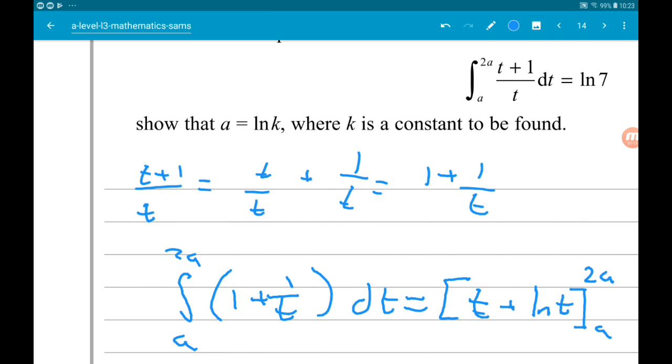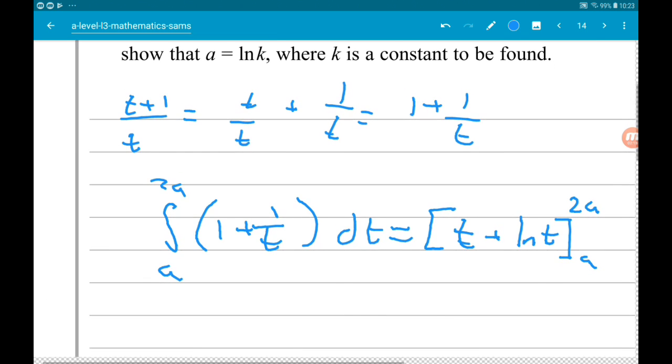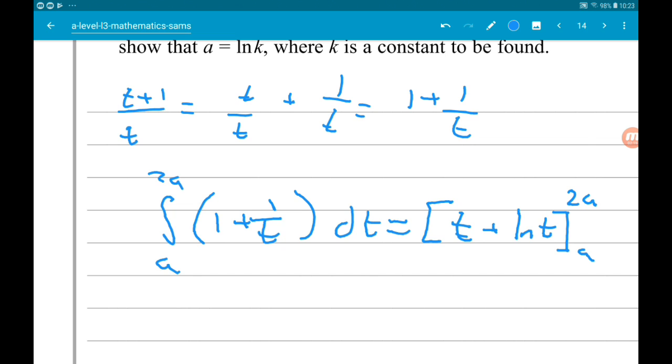Okay, so when we sum in the limits, we are going to get 2a add log of 2a minus a add log a.